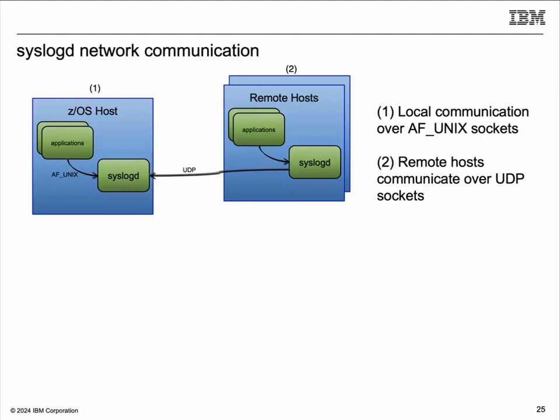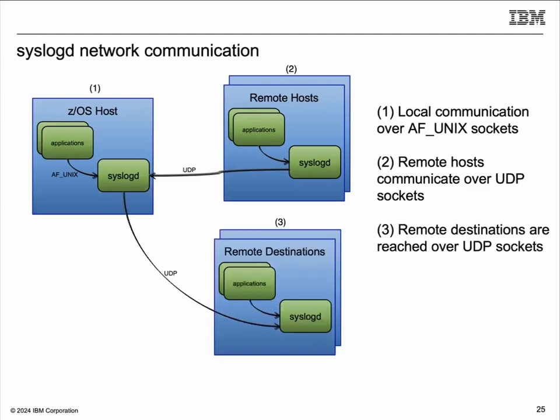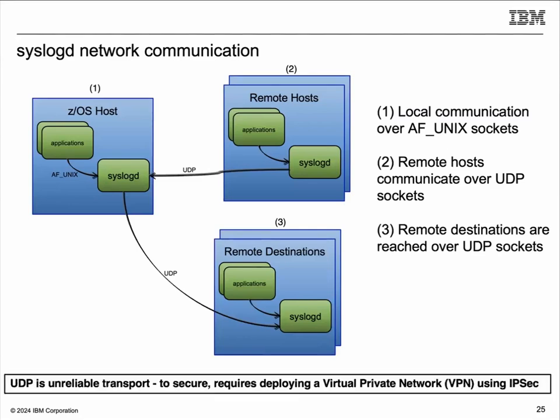That is the default, and prior to our support, UDP was the only protocol zOS supported. You also have remote destinations that may be consolidating other types of messages, so the zOS host on the upper left could also be shipping some of its messages via UDP over to the syslogd on these remote destinations.